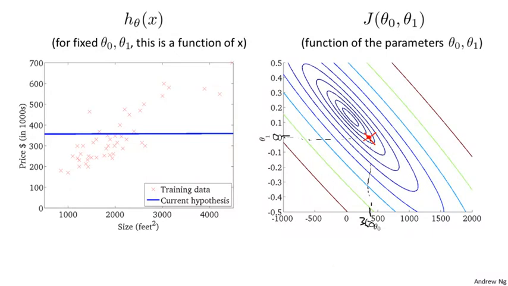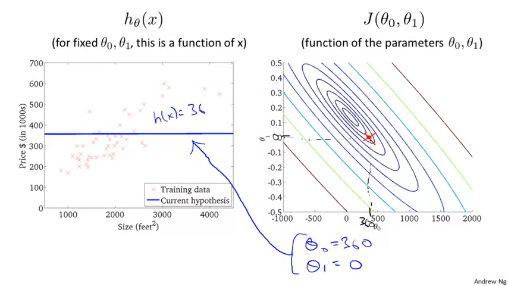So theta 0 equals 360, theta 1 equals 0. And this pair of parameters corresponds to that hypothesis, a flat line. This is h of x equals 360 plus 0 times x. So that's my hypothesis. And this hypothesis, again, has some cost, plotted as the height of the J function at that point.